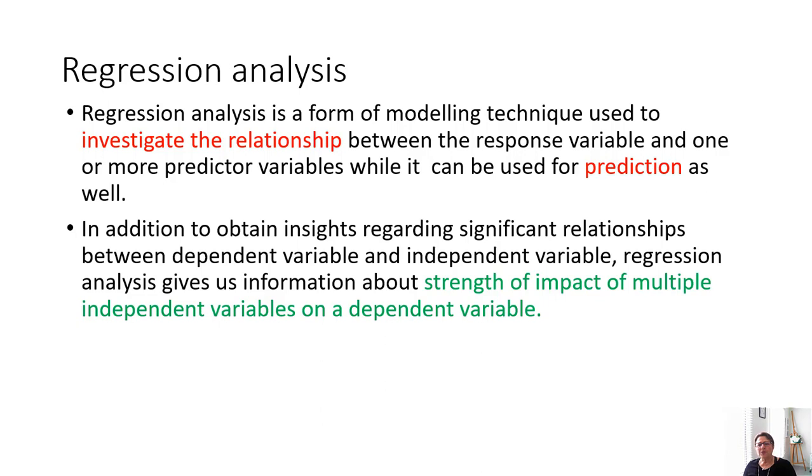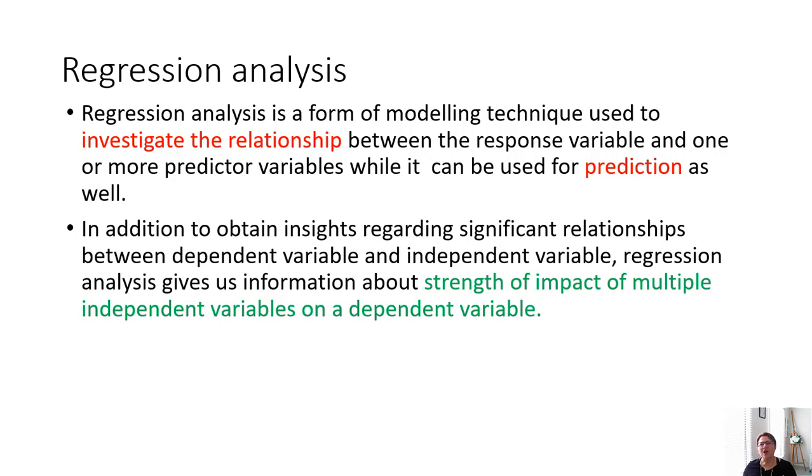In addition to obtaining insights regarding significant relationships between dependent variable and independent variable, regression analysis gives us information about the strength of impact of multiple independent variables on a dependent variable.